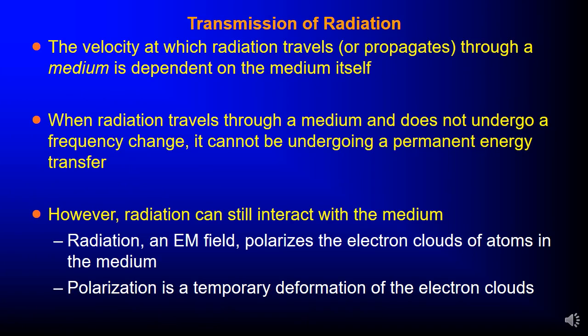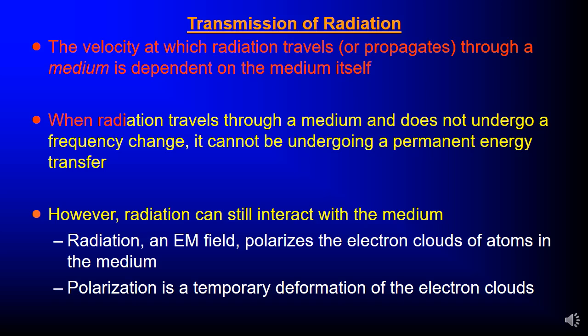Then transmission of radiation. The velocity at which radiation travels through a medium is dependent on the medium itself. If you remember those interferences: when a radiation travels through a medium and does not undergo a frequency change, it does not undergo a permanent energy transfer.